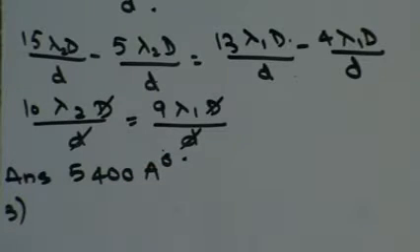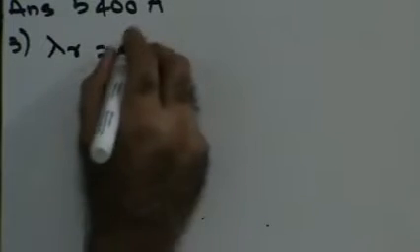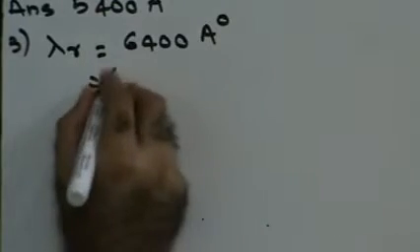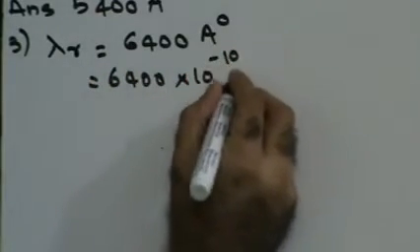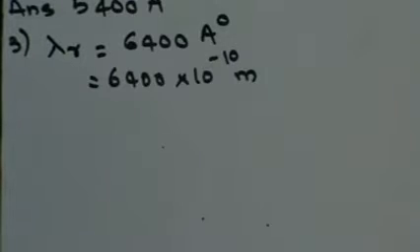Next, in biprism experiment, slit is illuminated by red light of wavelength 6400 Angstrom unit, and the cross wire is adjusted to the third bright band.